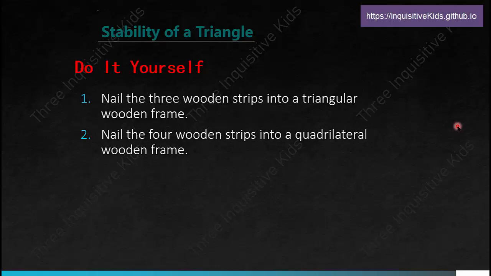So we're going to be doing an activity together. First, you don't have to nail these together, just place them together into a triangular frame. So take 3 of those sticks and place them into a triangular frame. Then take the remaining 4 strips into a quadrilateral frame. So just any quadrilateral.